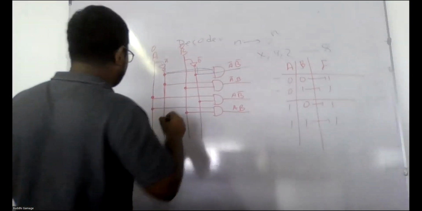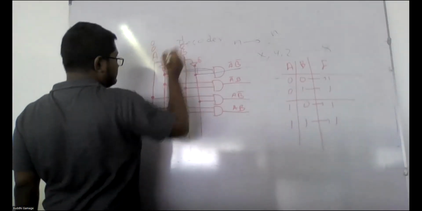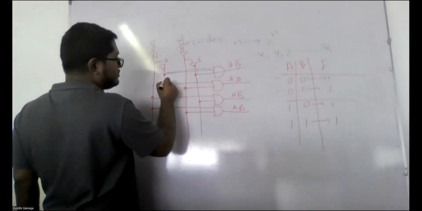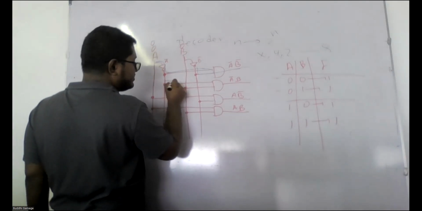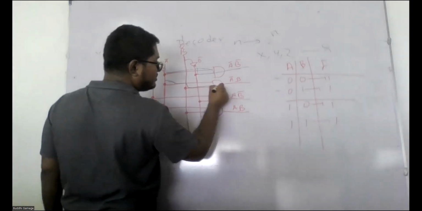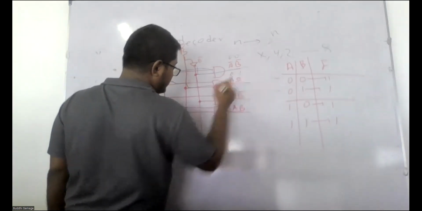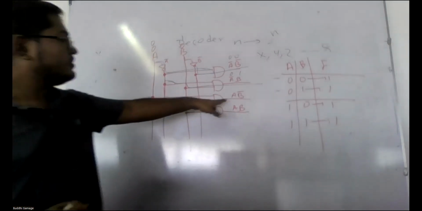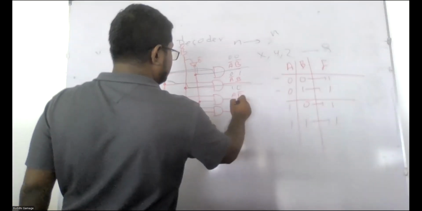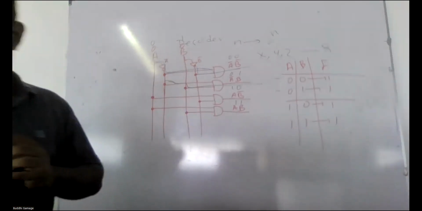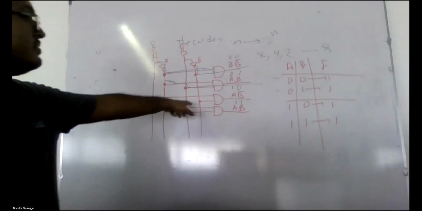If A is 0, B is 1, then this gate will active. This is 0, 0, this is 0, 1. Likewise, this is for 1, 0, this is 1, 1. Only a particular line will active.